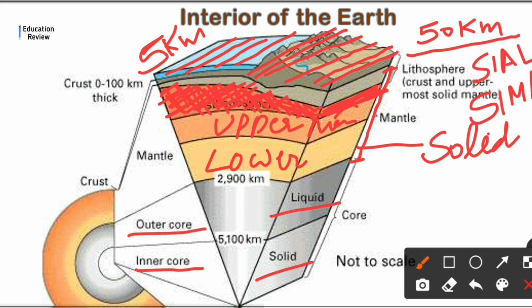Okay, let's go to the lower mantle, which is solid. Earlier we discussed that when we go inside the earth the temperature increases because of the layers above. As we go further inside the earth, the lower mantle portion will be in solid state. Why?